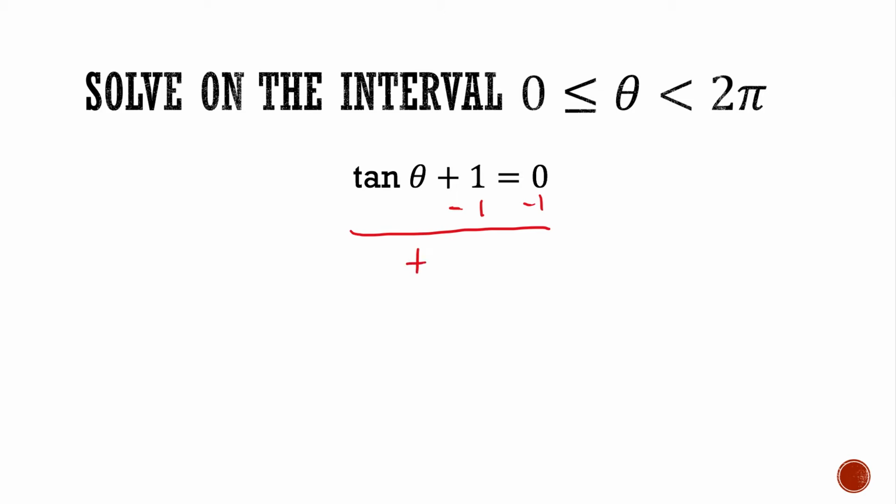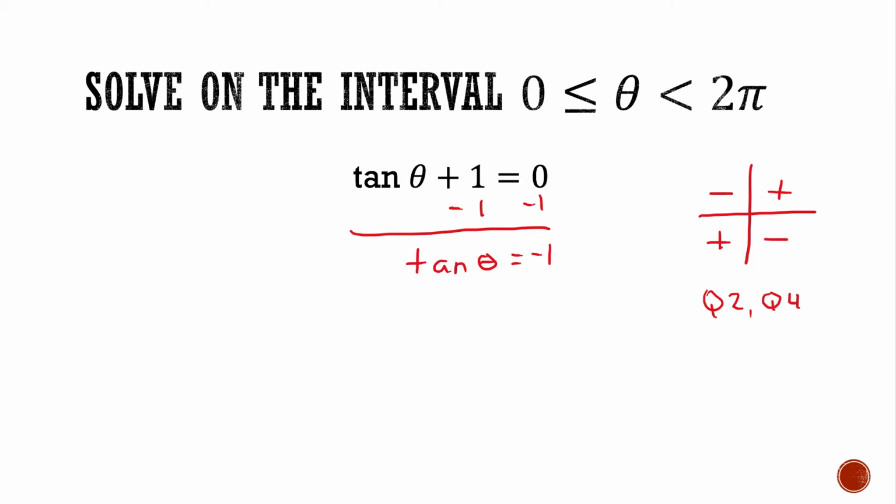So we're going to have tangent theta is equal to -1. So first of all, I'm going to think about where tangent is equal to a negative value. And we know that that happens in the second quadrant and in the fourth quadrant. Okay, so I need those two answers, a quadrant 2 answer and a quadrant 4 answer.